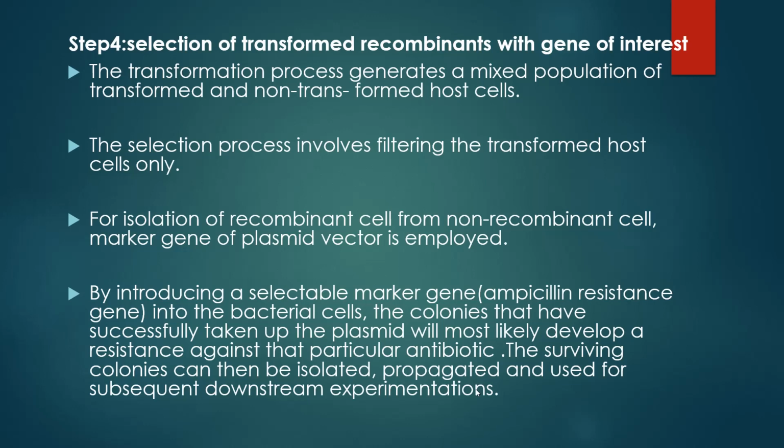That means normally bacteria are unable to grow on ampicillin-containing medium, but when they take up the recombinant DNA containing the ampicillin resistance gene, these bacterial colonies will survive and can be isolated, propagated and used for subsequent downstream experiments.